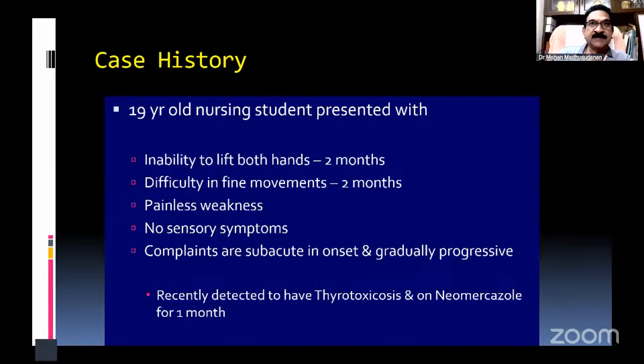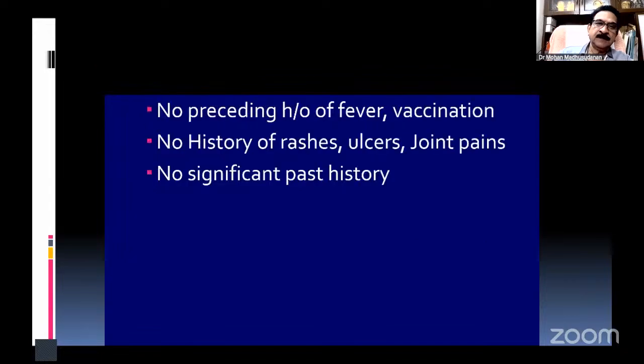Recently, she was detected to have thyrotoxicosis and is on anti-thyroid medication for the last 1 month. There is no preceding history of fever, vaccination, rashes, ulcers, joint pains, and no significant past history.